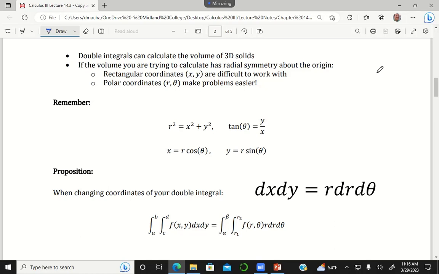But the weird thing about changing your coordinates when we're doing double integrals is that you would replace the dx dy at the end of your integral with r dr d theta. And that should seem kind of strange, because you're like, okay, I'm changing from x and y to r and theta. Why isn't this just dx dy equals dr d theta? Well, we have to include an extra factor of the radius, or the r variable.